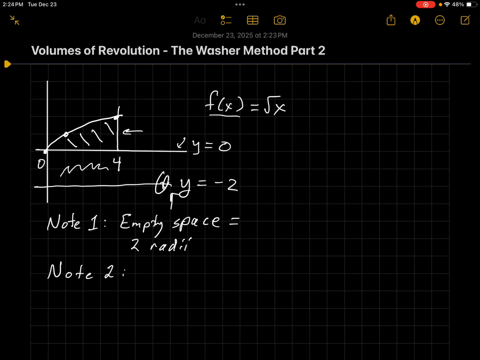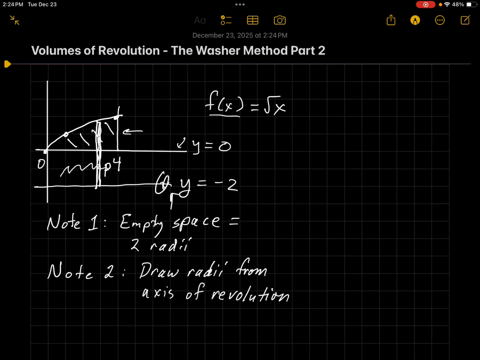The second note, when you draw your radii, they should always be drawn from the axis of revolution. The larger radius should be drawn from the axis to the far side of the region we're going to revolve.